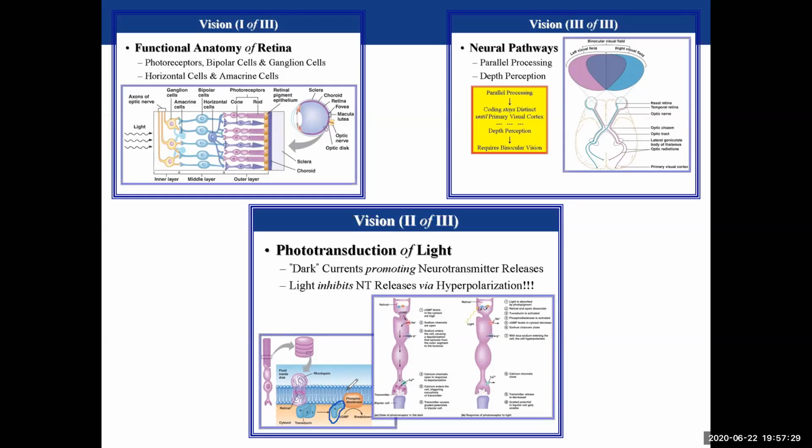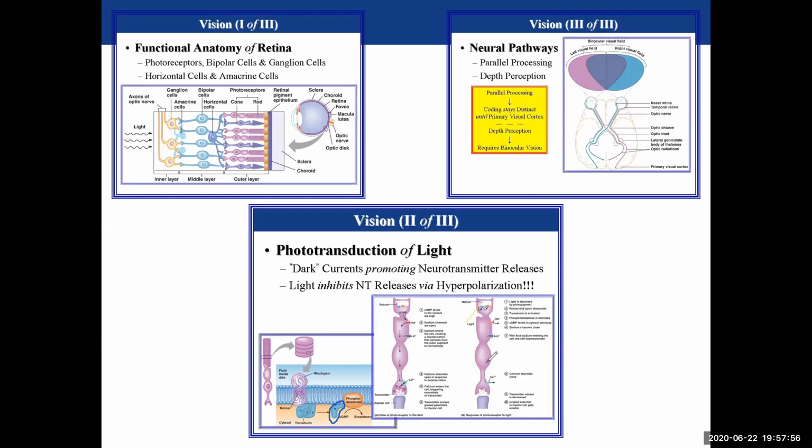So it decreases the concentration of cyclic GMP in the cytosol of this photoreceptor cell. Without cyclic GMP, the sodium channel shuts closed. So there's no sodium influx, yet this leak channel for potassium keeps going out. By losing net positive charge, the membrane hyperpolarizes.